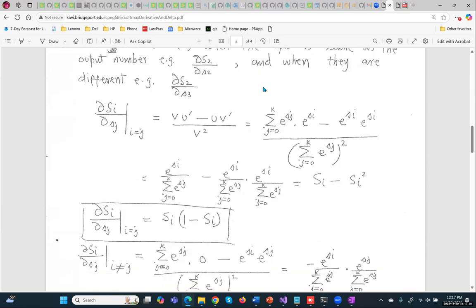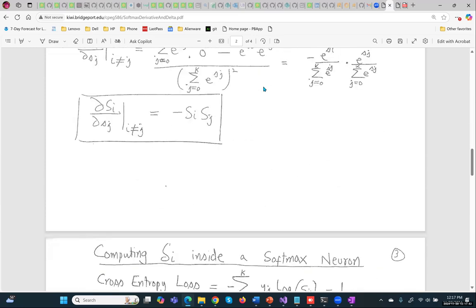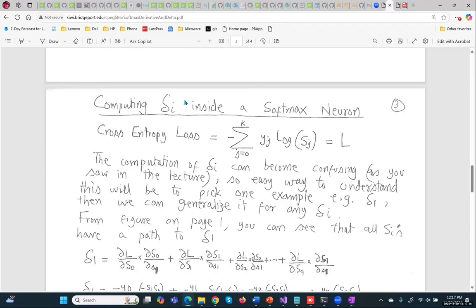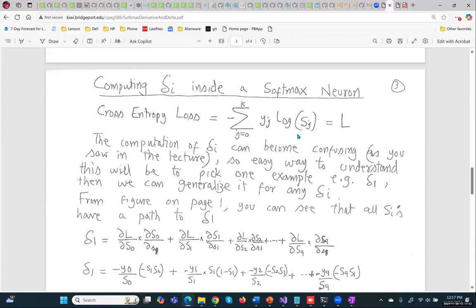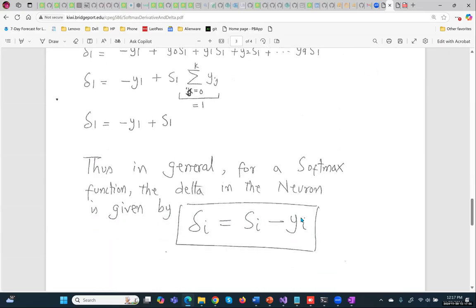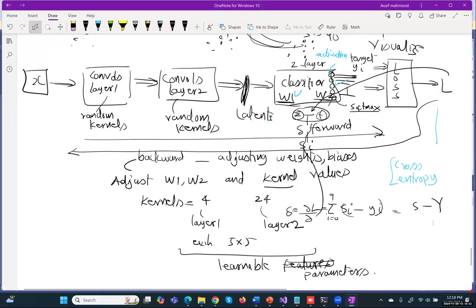Yeah, here was the softmax derivation. Computing delta i. So delta was the middle for the softmax neuron, if you recall, for the cross entropy loss. We went through it over here, and what was the formula? S of i minus Y of i. So S minus Y, correct? So that could be done, right?